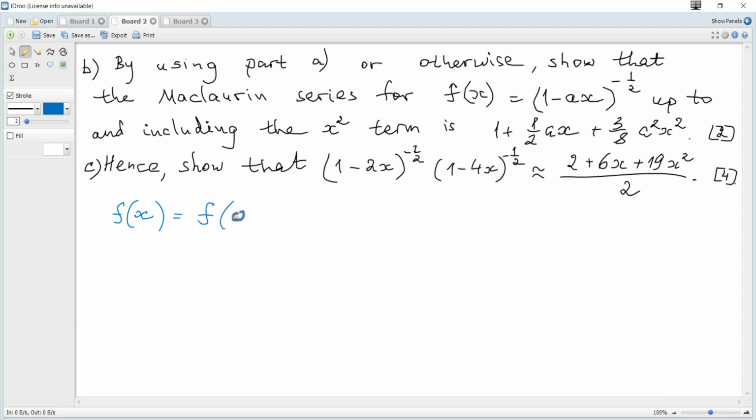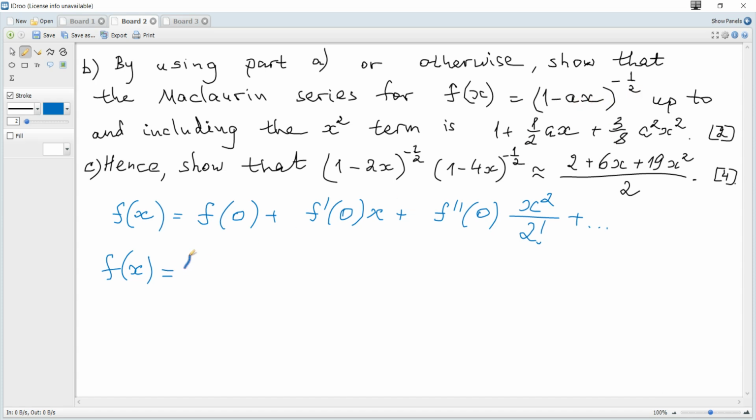F of 0 plus the first derivative at 0 times x, and plus the second derivative at 0, x squared divided by 2 factorial, which is just 2, and plus so on. And hence it becomes f of 0, and it's clear that it's just 1.